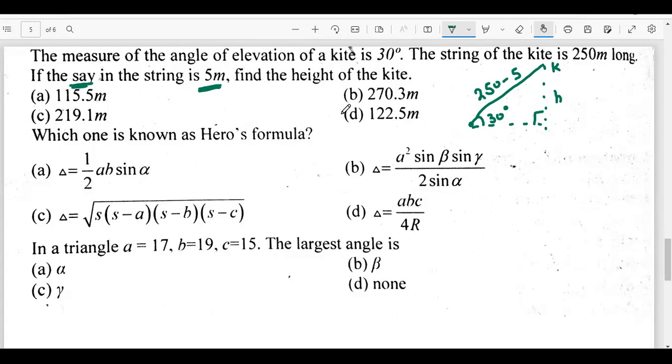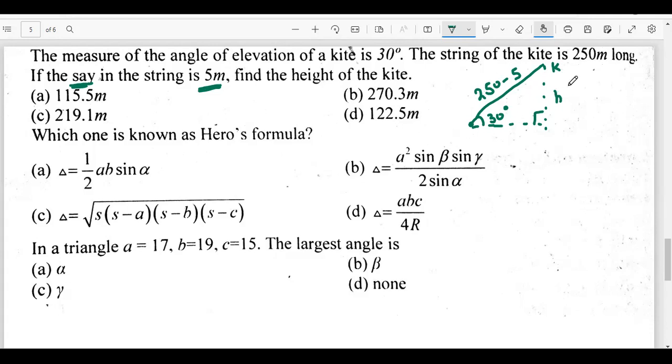I'll explain it again. It says the measure of the angle of elevation of a kite is 30 degrees. So there's a kite and some person, and the angle of elevation is 30 degrees. The string of the kite is 250 meters long.